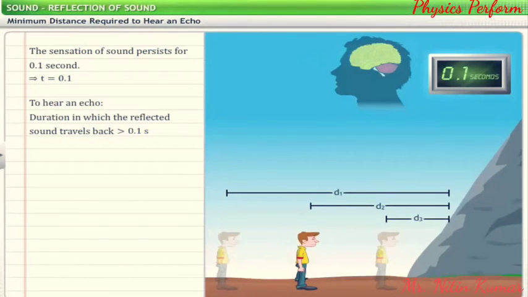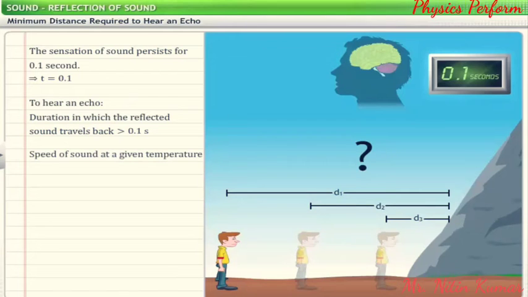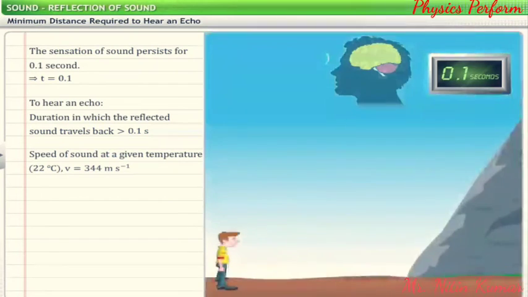So, how much distance do we need between the source of a sound and the reflecting surface to be sure that we will be able to hear an echo? Let's find out. The speed of sound at a given temperature, say 22 degrees Celsius, is 344 meters per second.